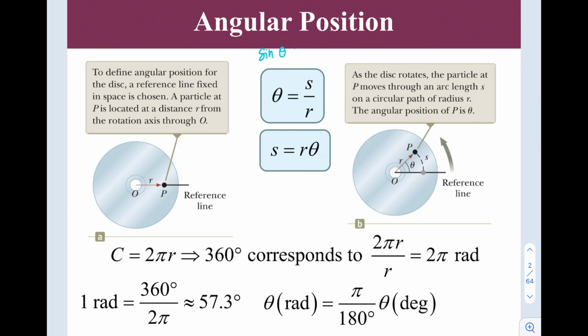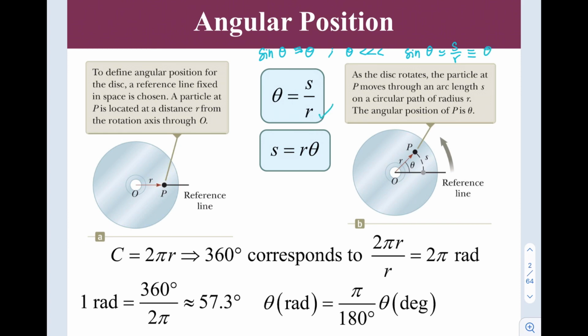Whenever theta is very small, sine theta is more or less equal to theta only. So the equation sine theta equivalent to s over r is simplified to equivalent to theta only.